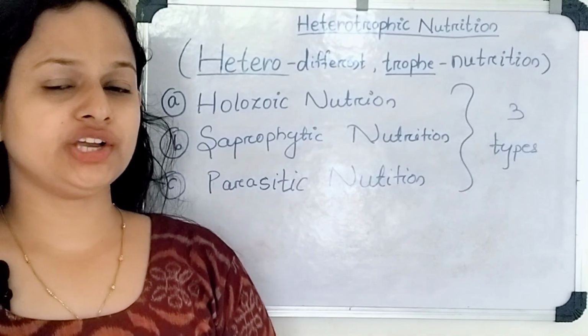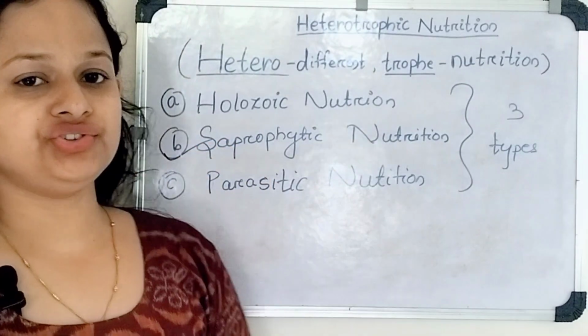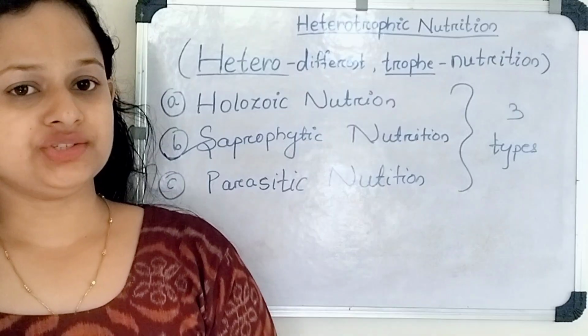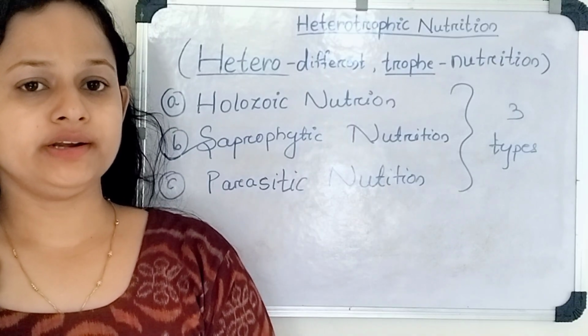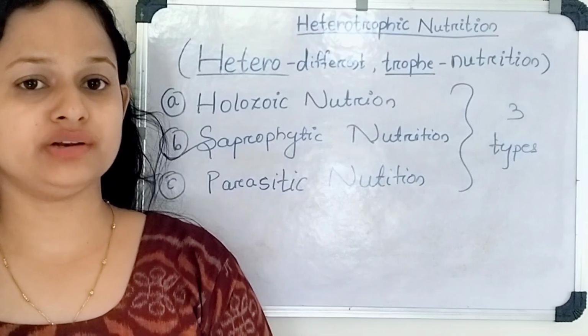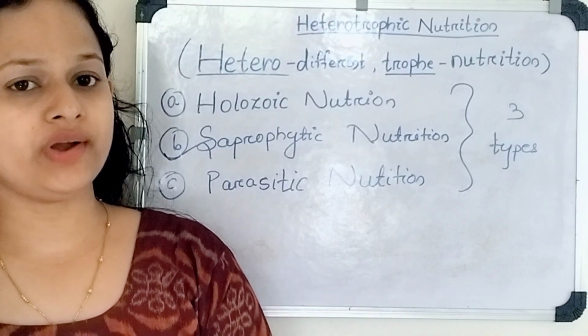Then we come to the second type of heterotrophic nutrition, that is saprophytic nutrition. It is the process of nutrition in which the organisms obtain dead plants or animals or any other decaying organic matter as their food, and the organisms are known as saprophytes.